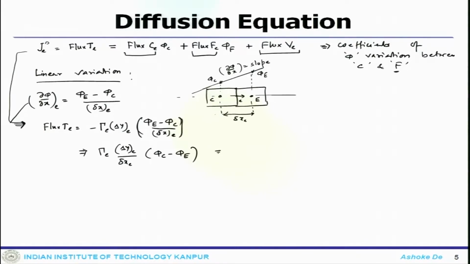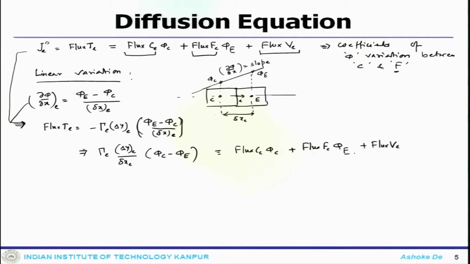which is also equivalent to my expression: flux C e phi C, flux F e phi F, flux V e. So, you can write this one as flux E here.